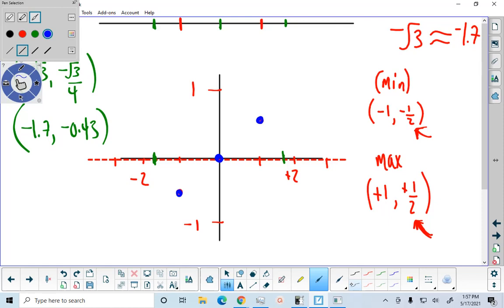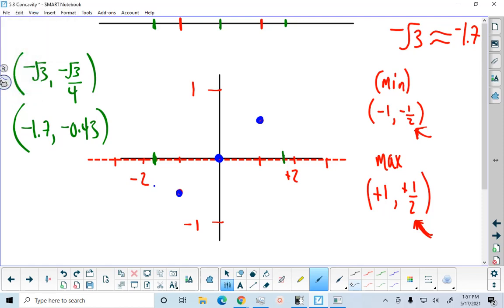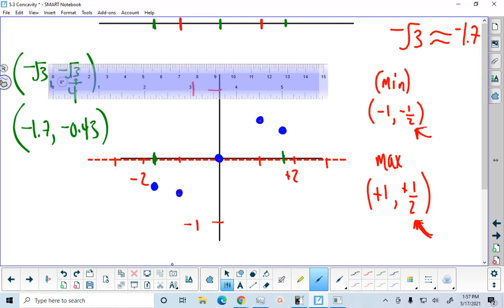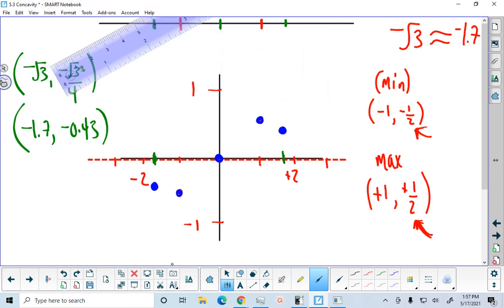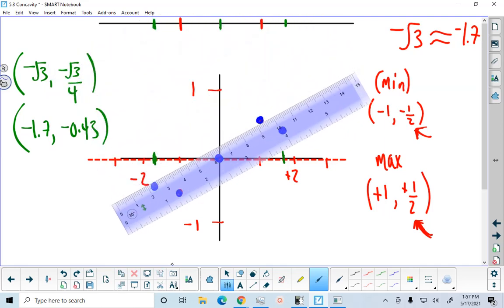Negative 0.43 is not quite as low as negative 1/2. I mean, it's close. And then over at positive root 3, we're going to have positive 0.43. Now again, if I wanted to check this and I were doing this on paper, I would literally take out a ruler. I would put my ruler down here.